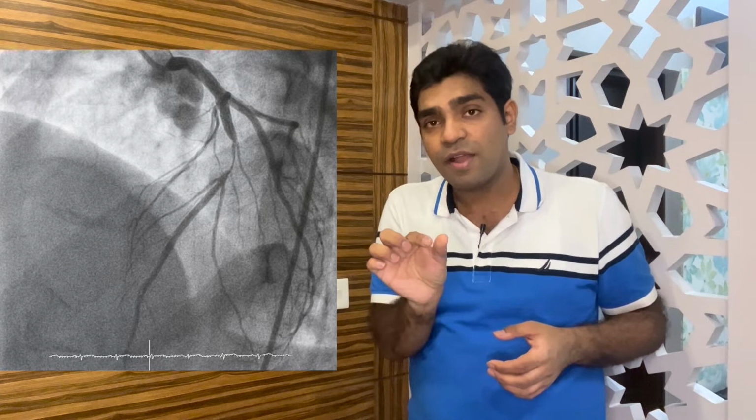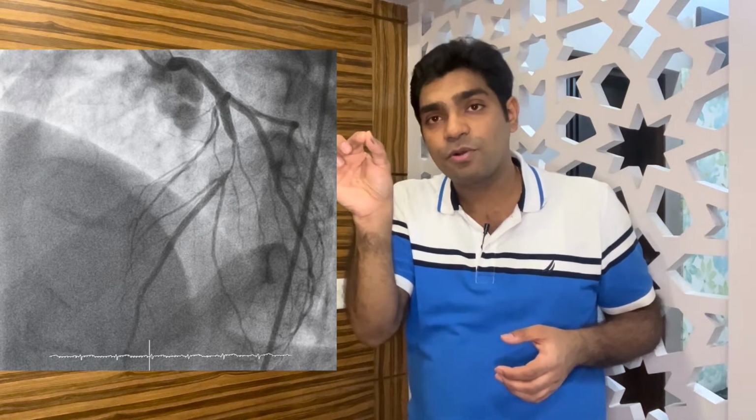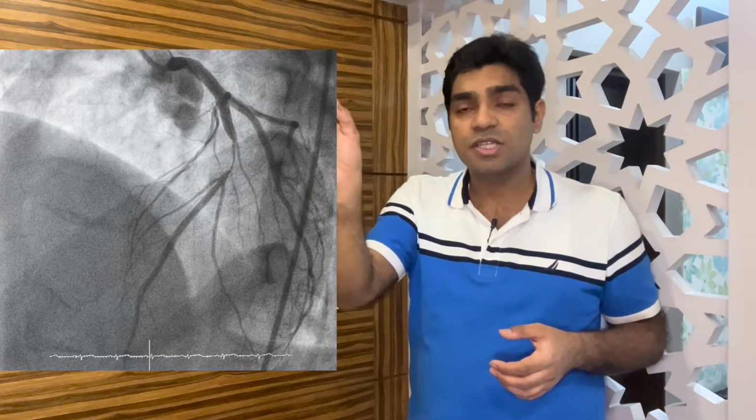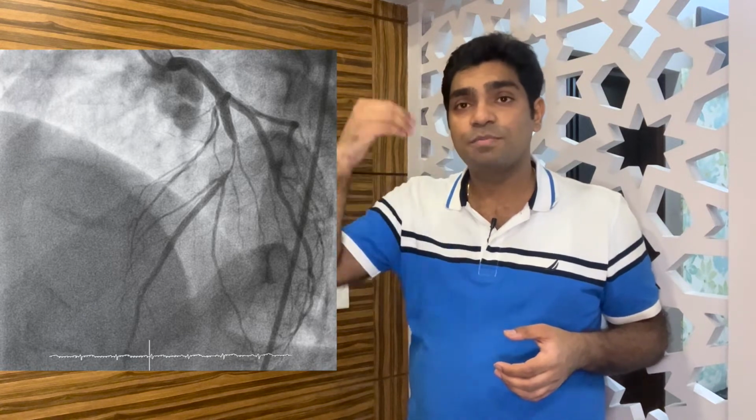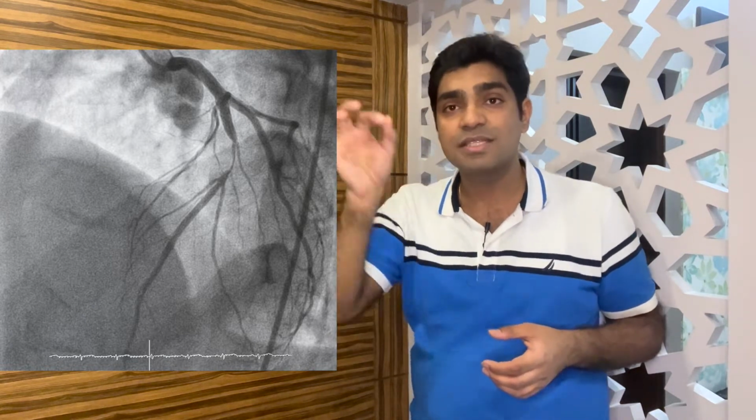The bright white column will narrow down immediately at a point where there is obstruction, and beyond that you will see less dye going, meaning less white shadow, and hence this is good for a CT angiogram, wherein you inject a radio opaque dye into the patient.